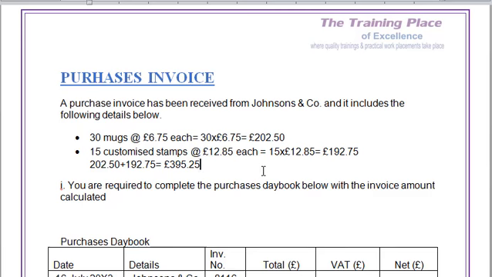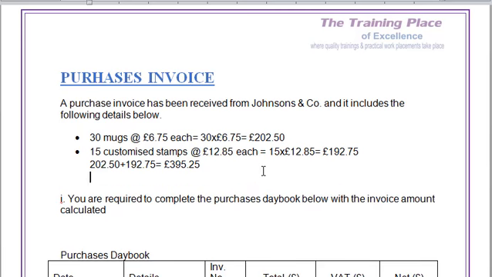That is my net amount. Then we have to calculate the VAT, which will be £395 times 20%.